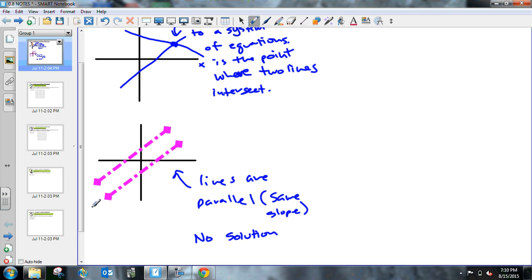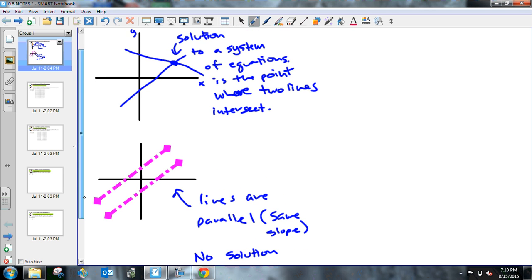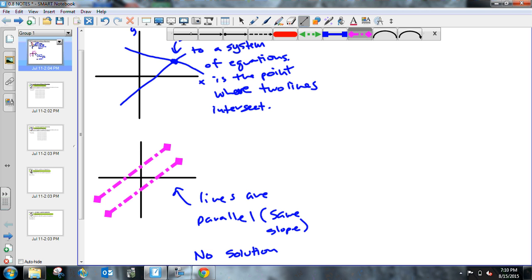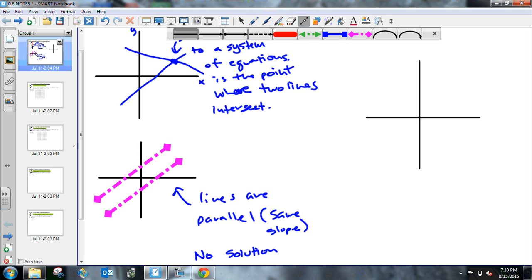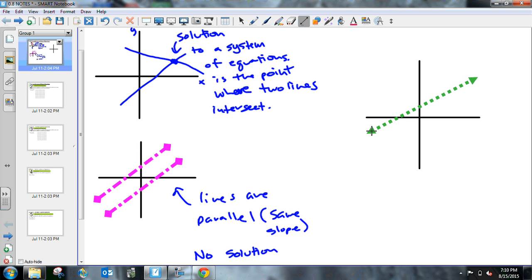Okay, let's take a look at a third case. So you've got three cases here with systems of equations where you've got a graph, and you've got, say, one equation, one line that's going like this. And let's say that you have another line that is directly on top of that other line, okay?